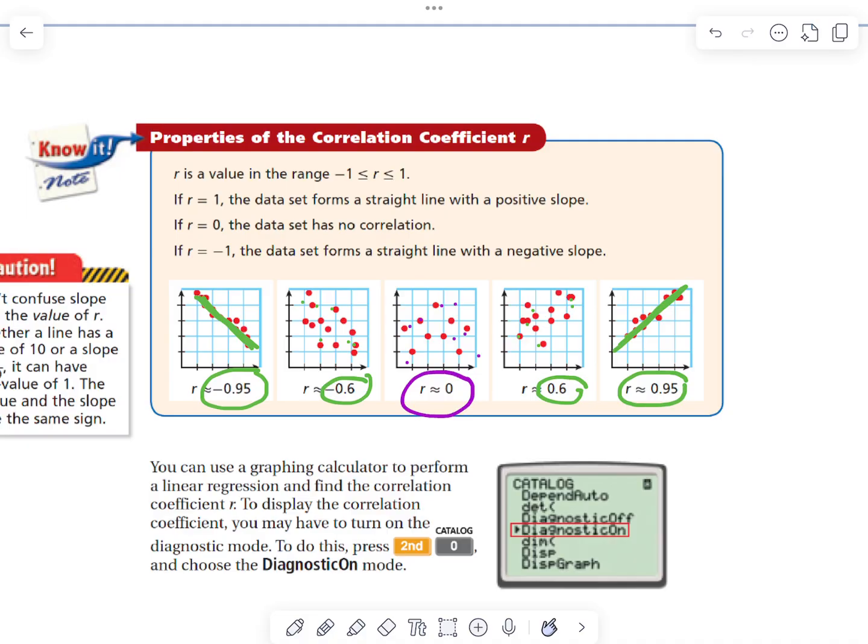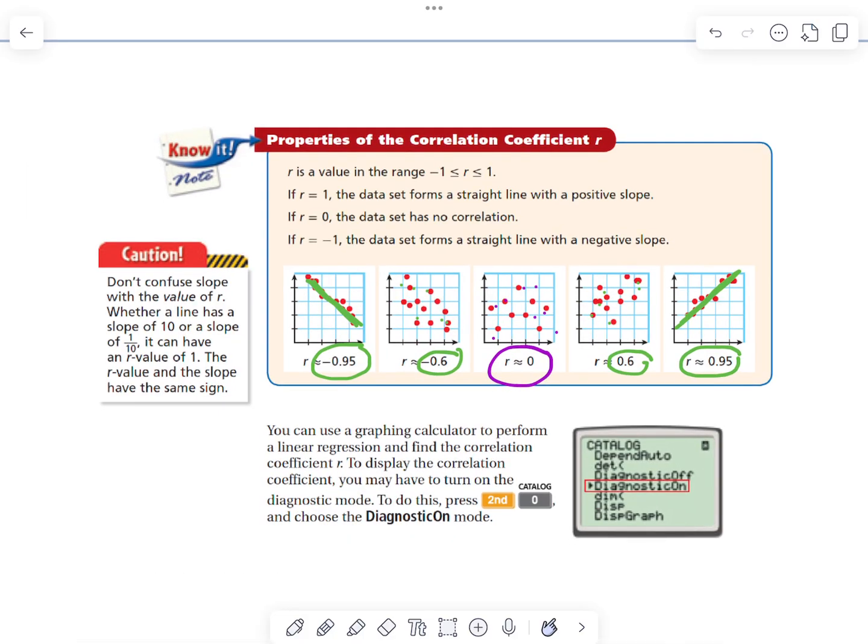So what we'll be doing today is using technology to find those correlation coefficient numbers. And when we use our technology, we'll be using a graphing calculator. We do need to turn our diagnostic on. And how we do that, and it's going to look like this on the screen, is within our graphing calculator, in the catalog, second 0, and then choose diagnostic on.